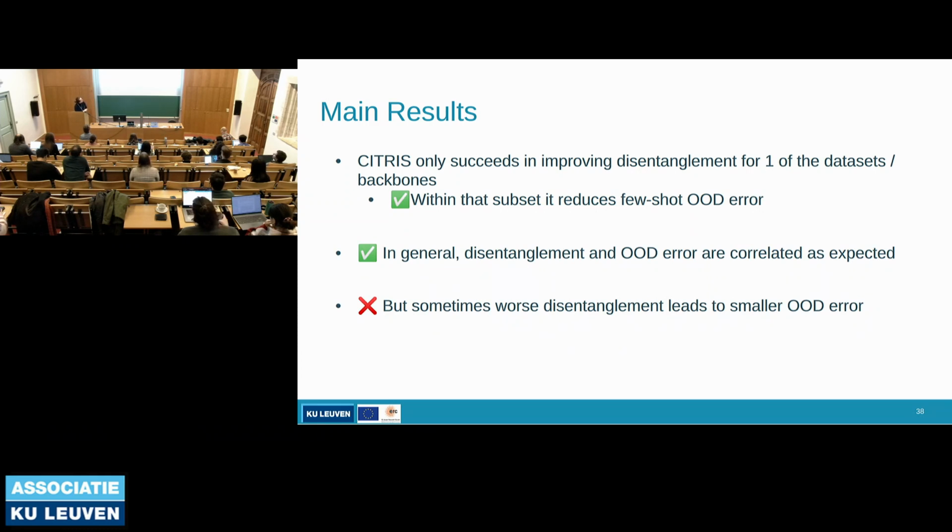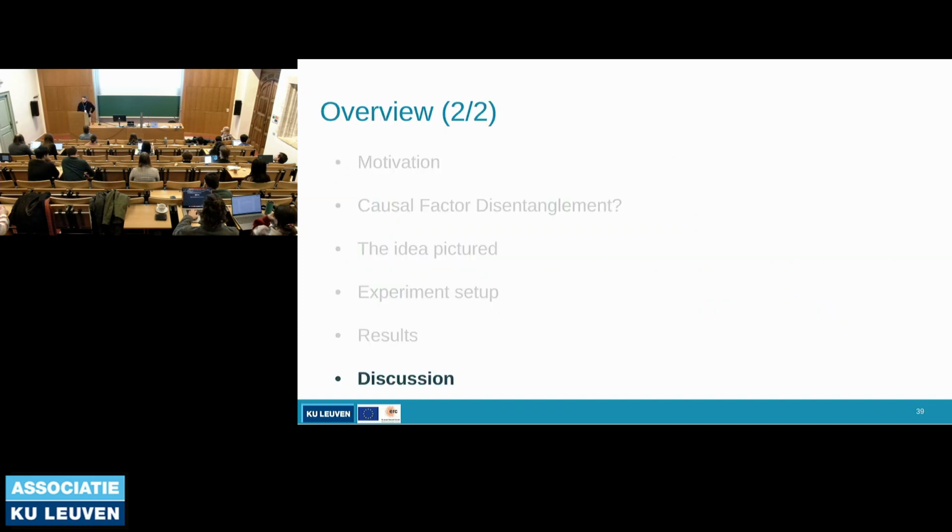Within that subset, we do see that it helps the few-shot OD error. Looking more broadly across the different settings, we see a positive correlation between disentanglement and OD error. But there are notable exceptions, where the disentanglement is quite a bit worse and the OD error is still smaller. So the picture is not quite as perfect as the original hypothesis.